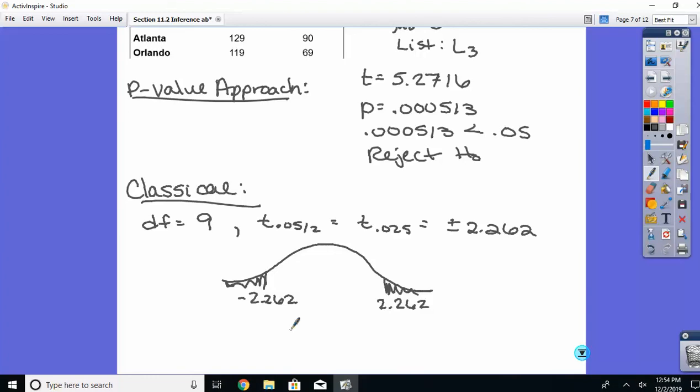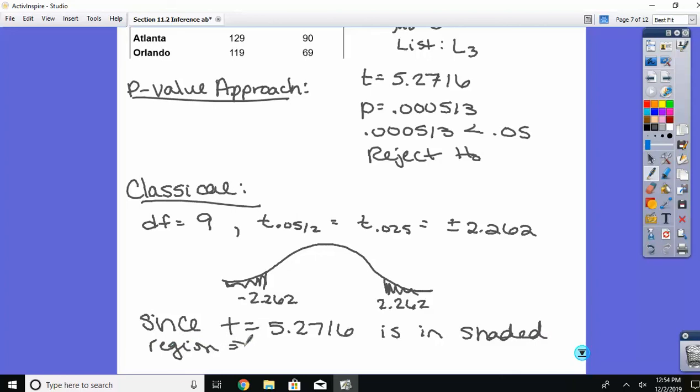If your T value is in that shaded region, you reject. If it's not, you fail to reject. We found our T value up here to be 5.2716. So that would tell me we reject. So that's your classical.